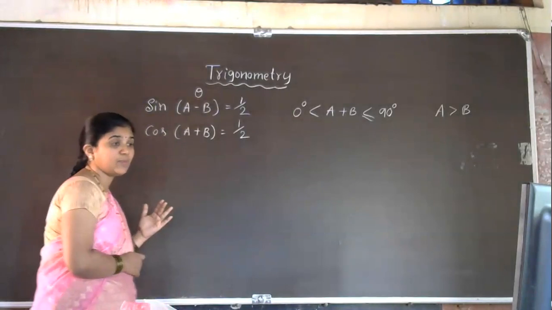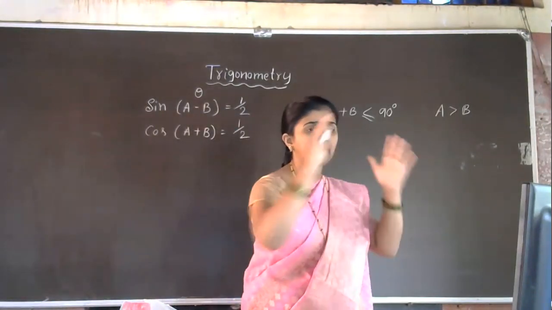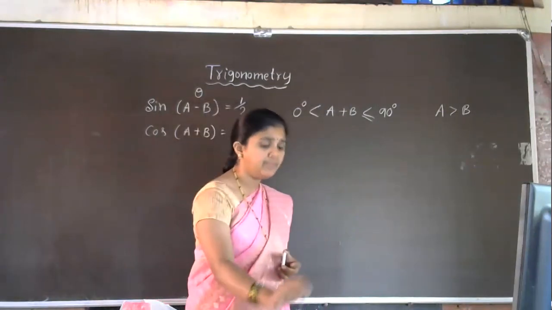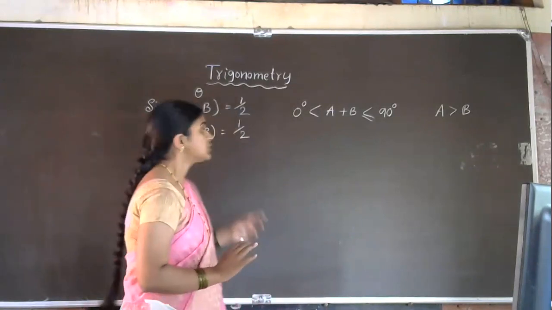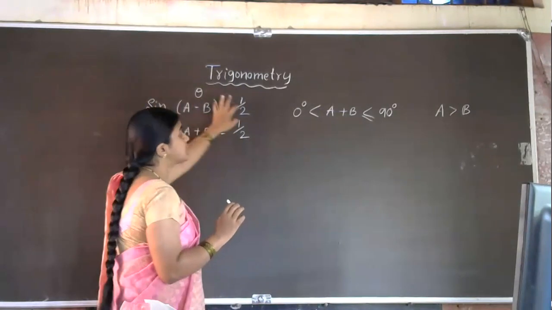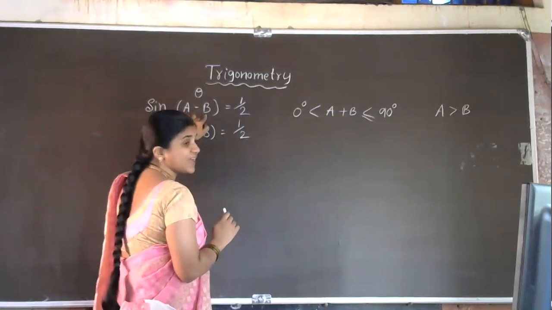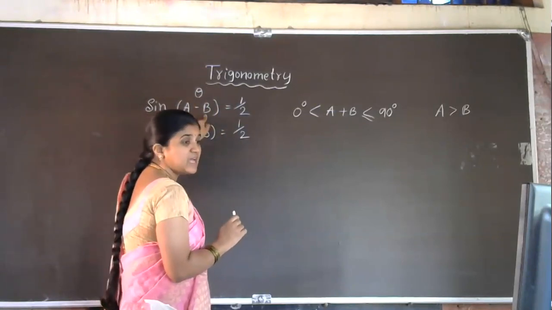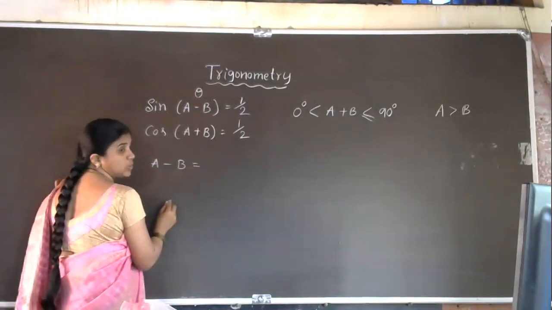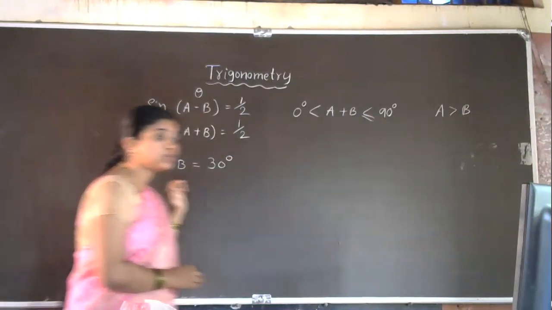You can observe the table. While solving that problem, you just sit with your prepared table. Roughly, you just prepare one table. Whenever you are going to solve that problem, you sit with one table. So now we know that sine 30 degree is equal to half. But here in place of theta, A minus B is there. So can we write A minus B is equal to 30 degree?